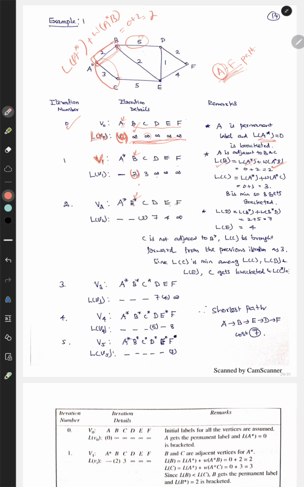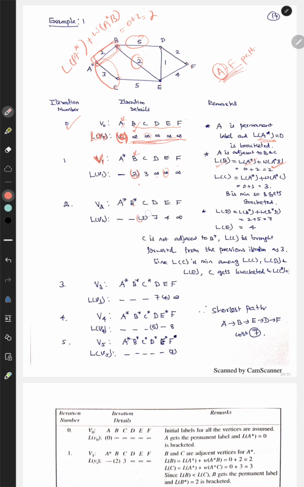Now for E, B is adjacent to E also, its edge weight is 2, and B's permanent label was 2, so 2 plus 2 is 4. That 4 is the new possible label, and it is smaller than the previous label infinity, therefore you will replace E's label also. B is not adjacent to F, so whatever was the previous label of F, that itself will be repeated. This is the second iteration.